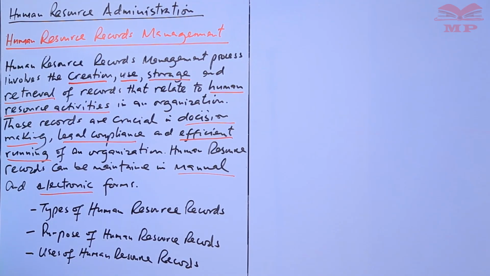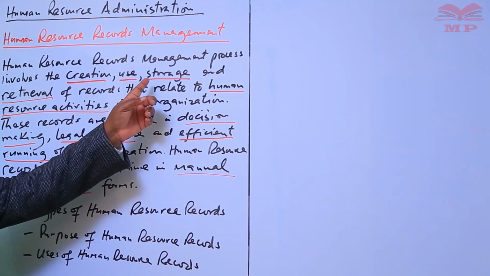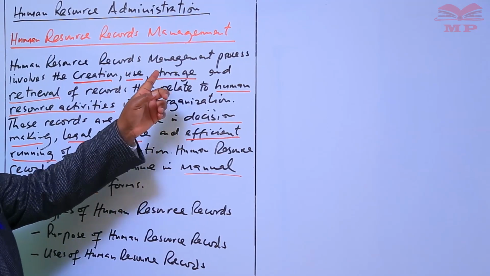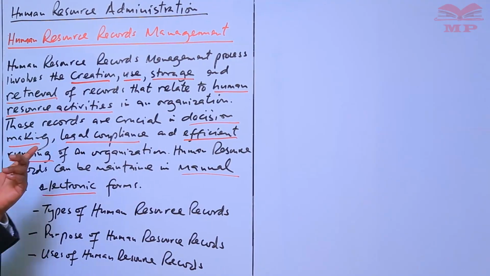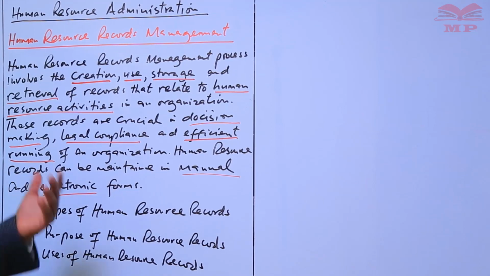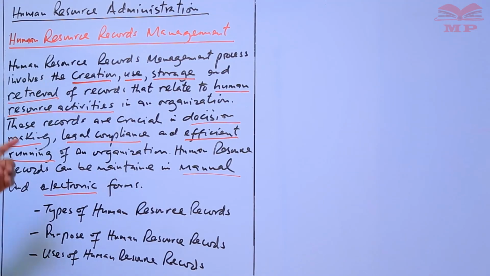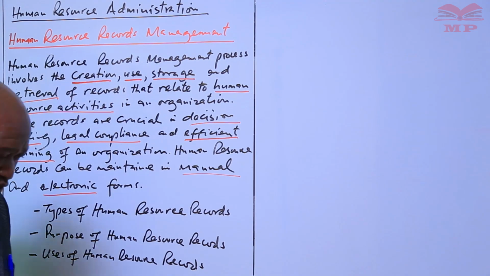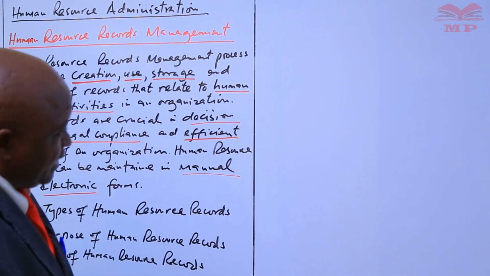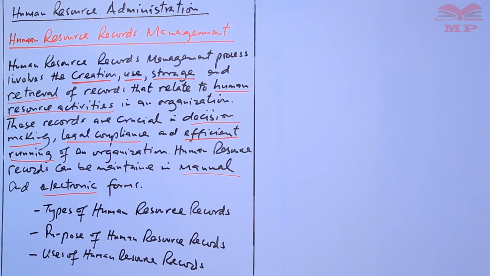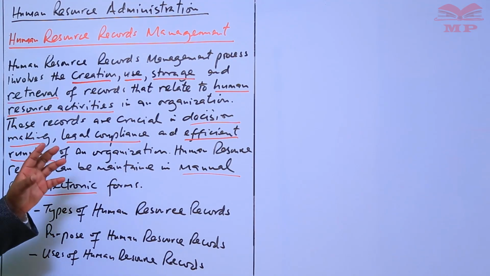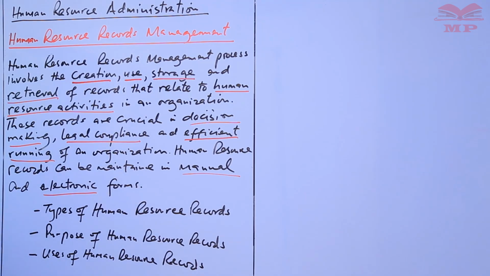Then when a decision is not being made, that record is supposed to be stored and can be retrieved at a future date to assist in decision making as far as human resource management activities in an organization are concerned. And if proper decisions have to be made regarding workers, then it is also important that an organization maintains an efficient system of human resource records.